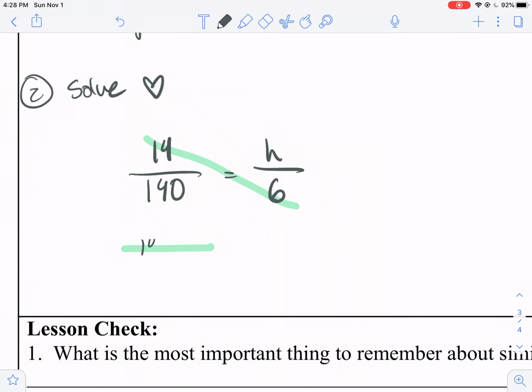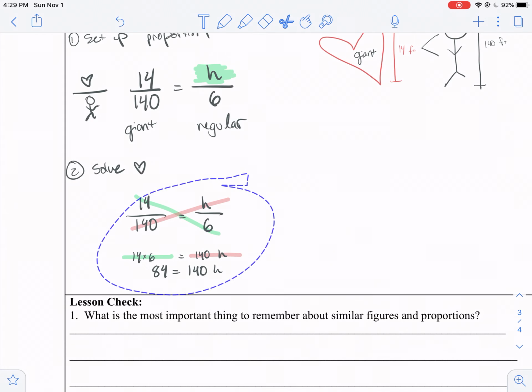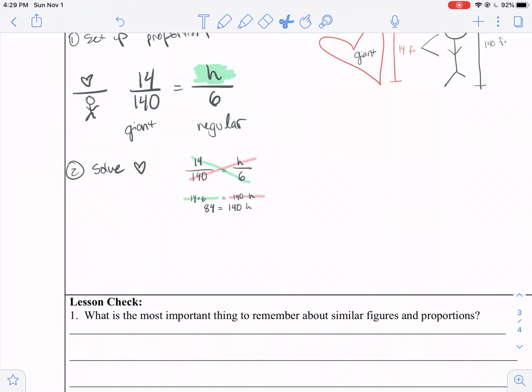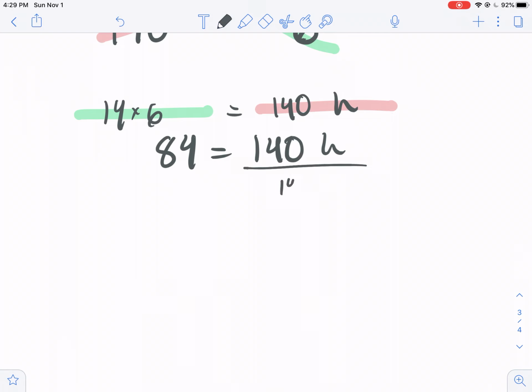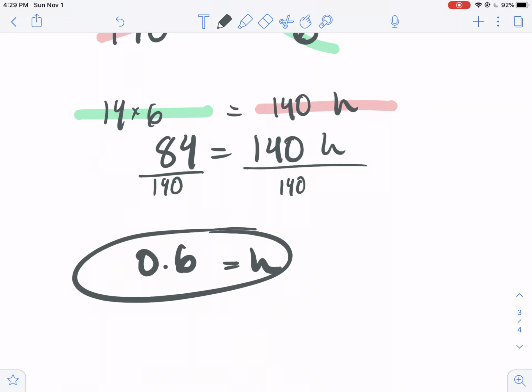We get 14 times 6 equals, on the other side, 140 times H. 14 times 6 is 84 equals 140 H. And then to solve for H, we will divide both sides by 140, and we get that H equals 0.6.